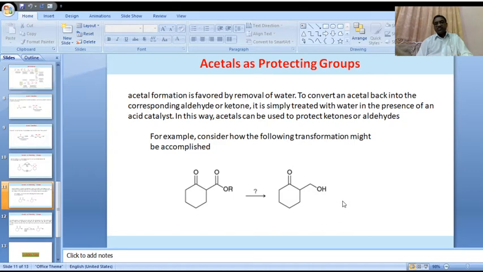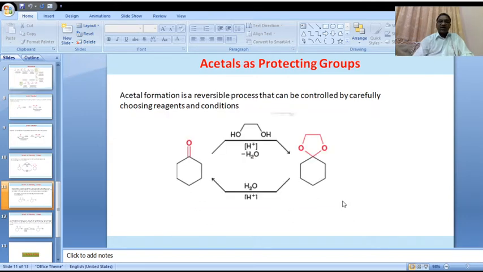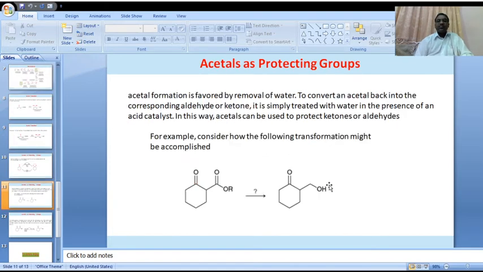Here, the above reaction, acetal formation, is favored by removal of water. In this reaction, the forward direction, there is loss of a water molecule, removal of water.